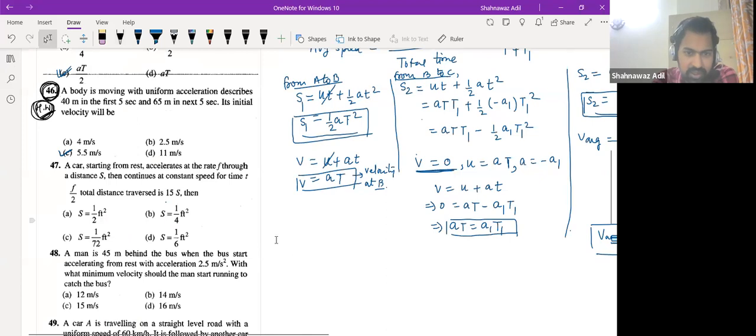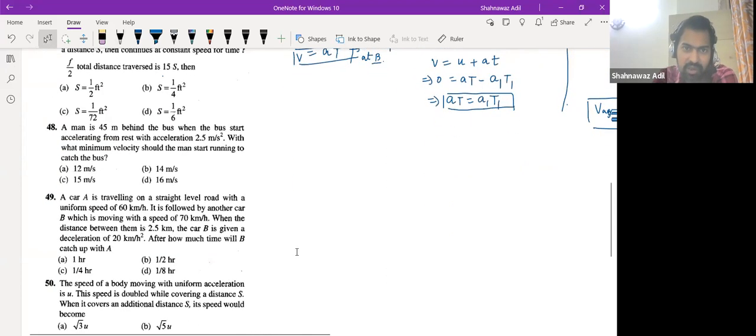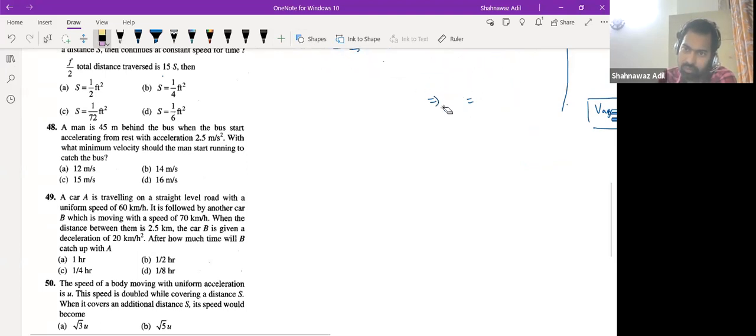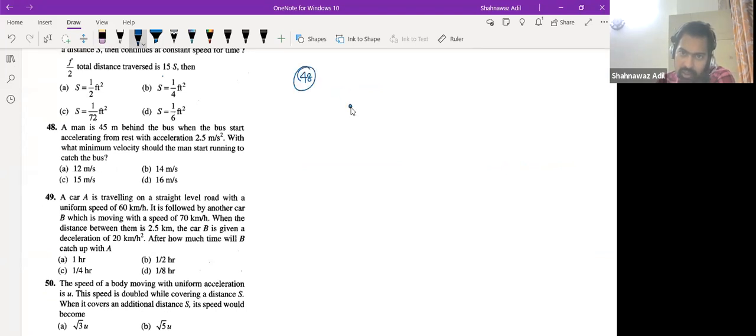So now this is a question. Okay, so a man is 45 meter behind, so this is a man, and this is a bus.